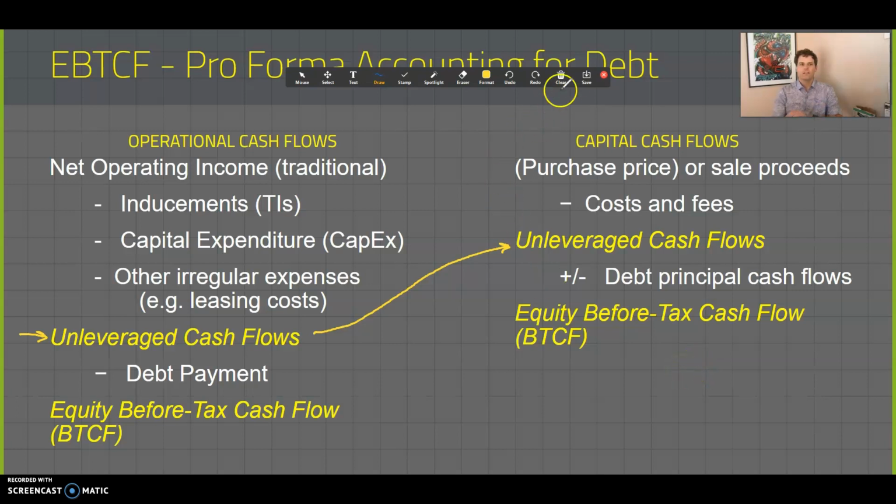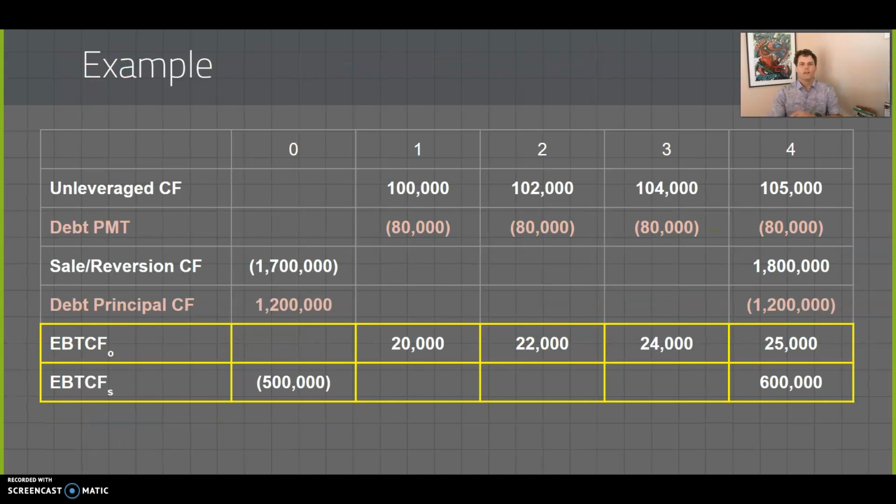Let's have a look at an example. So here's a very basic example of a 4-period property investment. We've got three things happening here: a purchase, a sale, and income over the period. The income I've already put as my unleveraged cash flows.